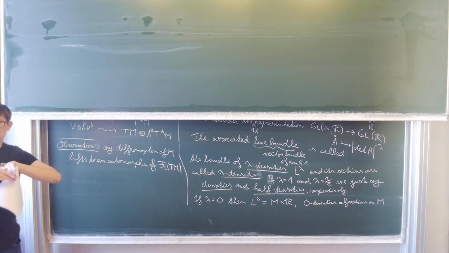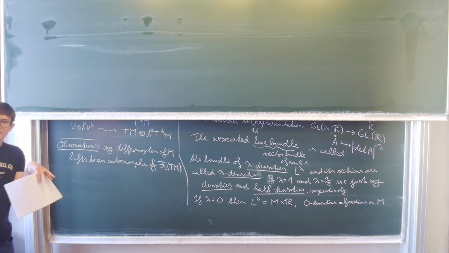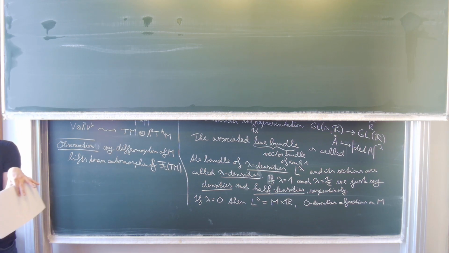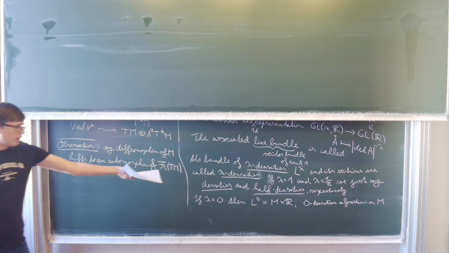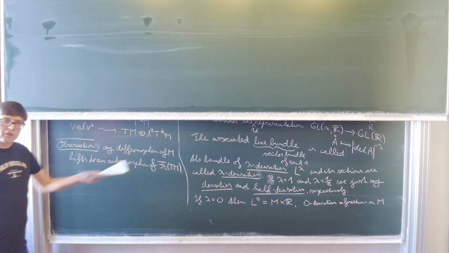So if I have vectors, I can push them forward and get new vectors. If I know how to push forward vectors, I also know how to push forward the whole basis, and bases are nothing else than elements of the frame bundle. So any diffeomorphism of M leads to an automorphism here, which actually covers the original diffeomorphism of M.